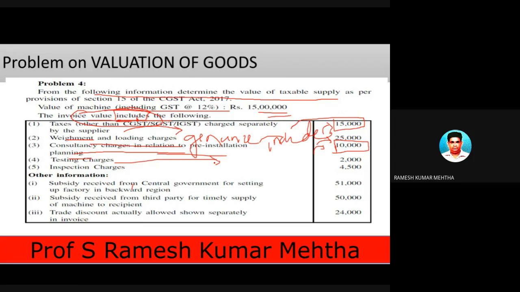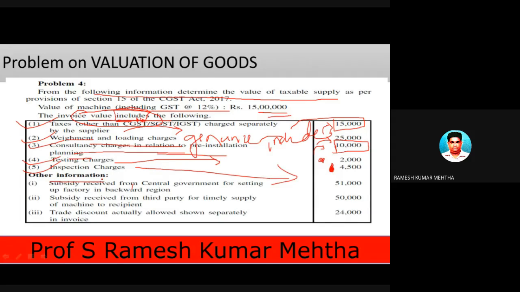Testing charges: once the product is manufactured, we have to go for testing, and for testing some expenditure is incurred, that should be included and is already included. Inspection charges: once the goods are manufactured, they have to be inspected, and for inspecting 4500 is incurred, so it should be included and is included. So all these five items should be included, so it has been included, so we need not do anything, but you have to give an explanation.